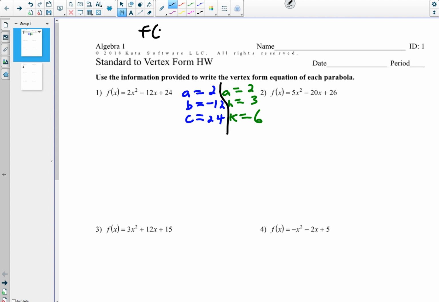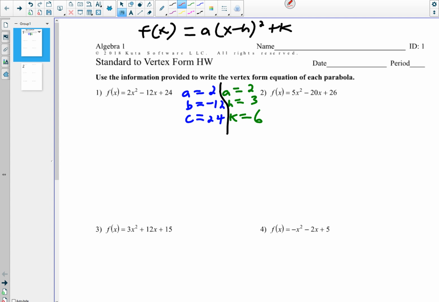It's going to be f of x, if that's what they're using, and not y equals, depending on whatever notation they use. F of x is equal to a parentheses x minus h. And what comes next? The square. And now just substitute.